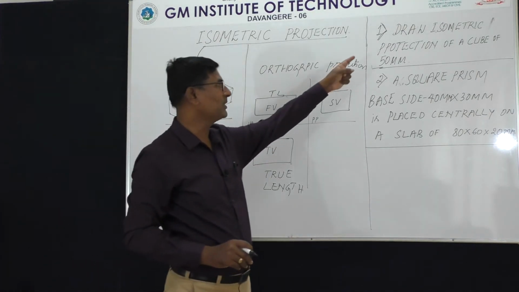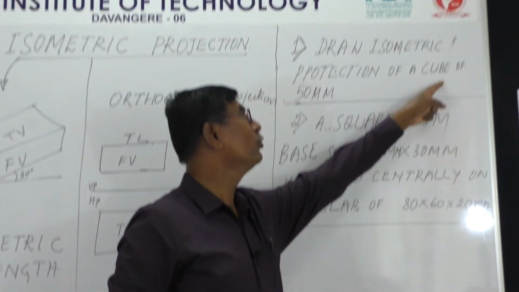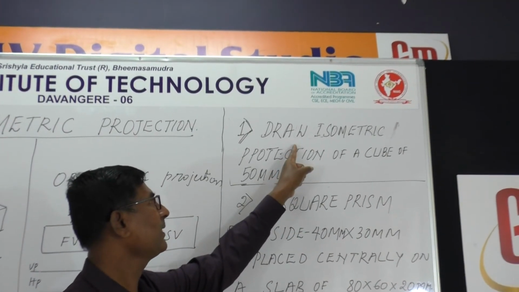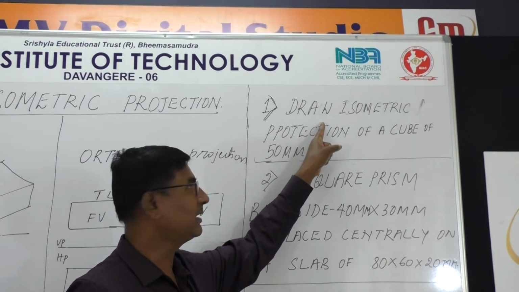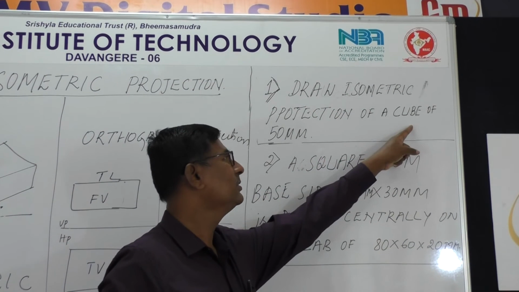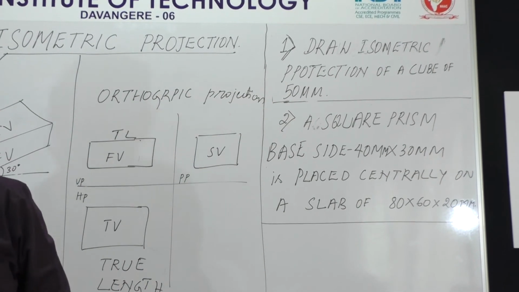You can see the problem here. Draw the isometric projection of a cube of 50 millimeter. I repeat once again, this is the problem I am dictating now: draw the isometric projection of a cube of 50 millimeter. So I will do that problem.